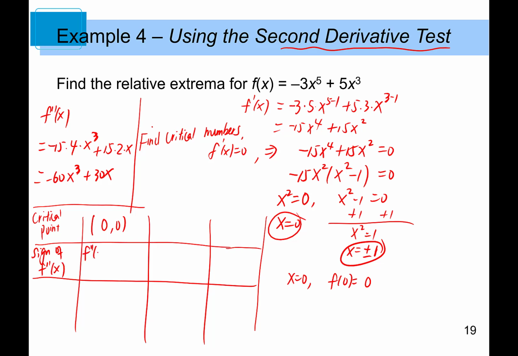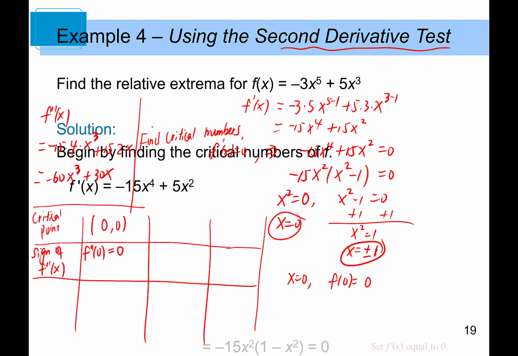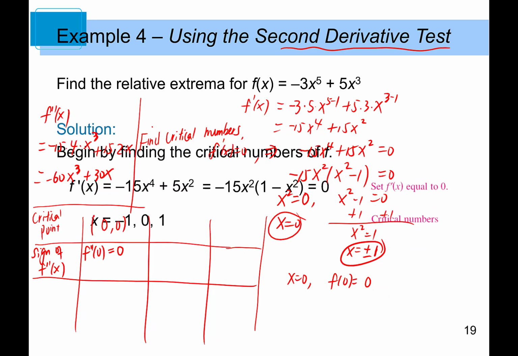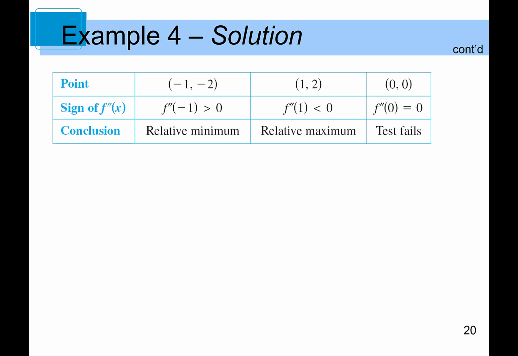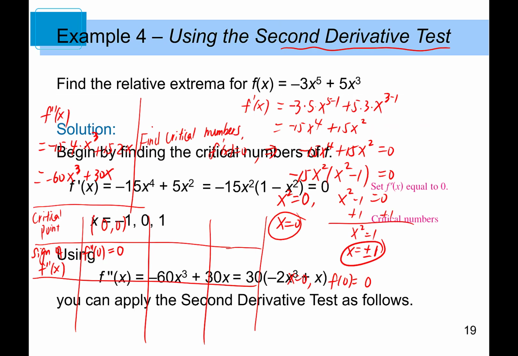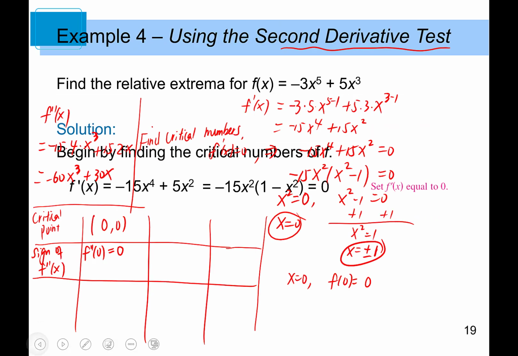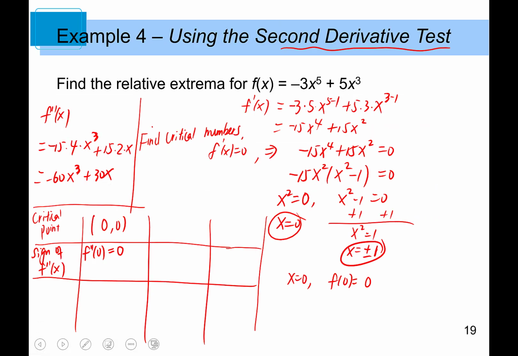So f double prime of 0 gives us actually 0. So in this case, the test fails. Conclusion: second derivative test fails.